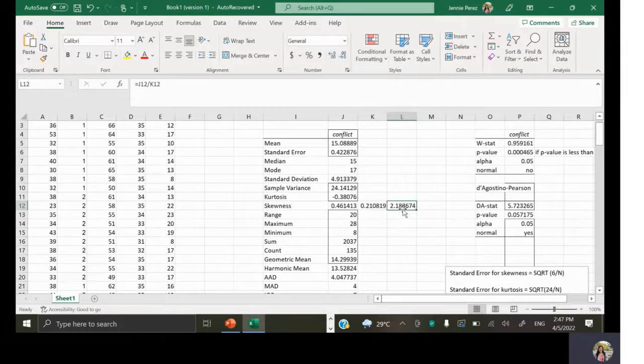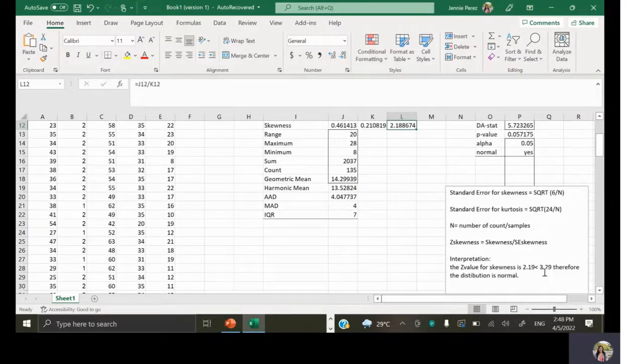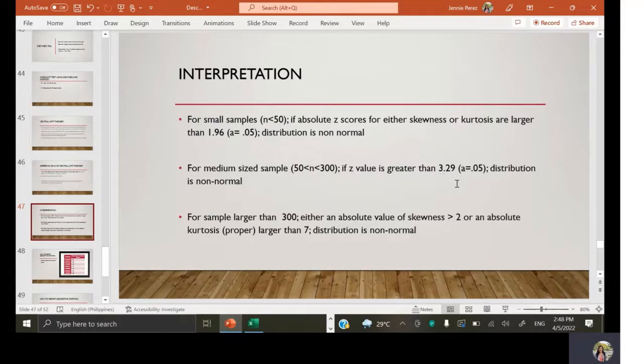The Z value is 2.18, which is less than 3.29. Okay? It is not above 3.29, so therefore I can safely conclude that my distribution is normal. If Z value is greater than 3.29, the distribution is non-normal.